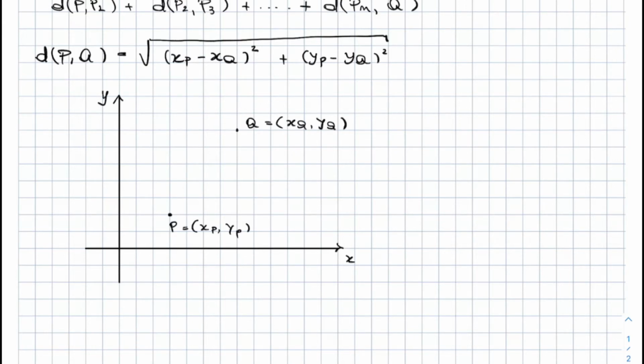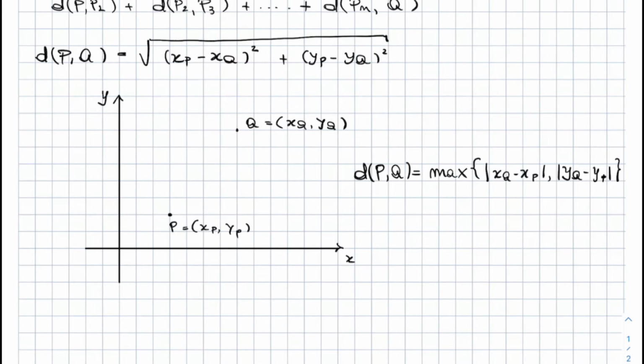Then I will define the distance between P and Q as the maximum between the absolute value of xq minus xp and the absolute value of yq minus yp.